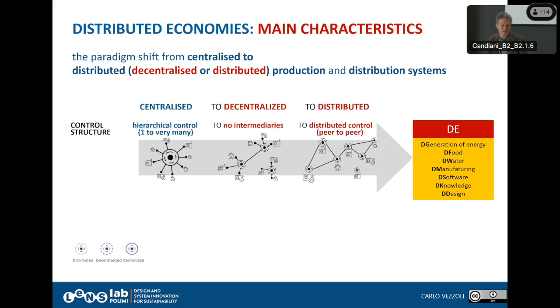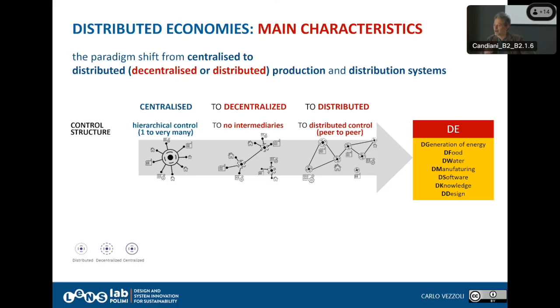We have a direct relation with the one that is offering to us energy, food, products, and so on. To a really distributed system, where actually I'm producing the product myself.